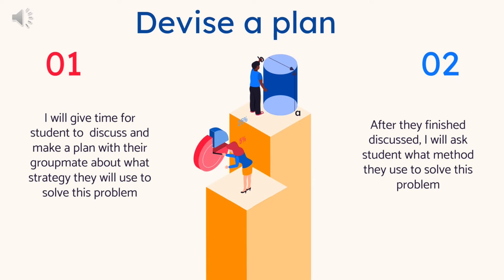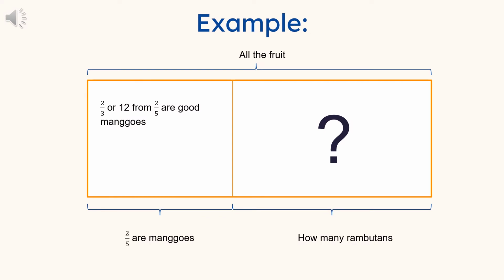After they finish discussing, I will ask students what method they use to solve this problem. For example, when a student draws like this, the student can see what they need to find and what information they get from the question. They can also organize their information so that they get a clear idea of what strategy they can use to answer the problem.